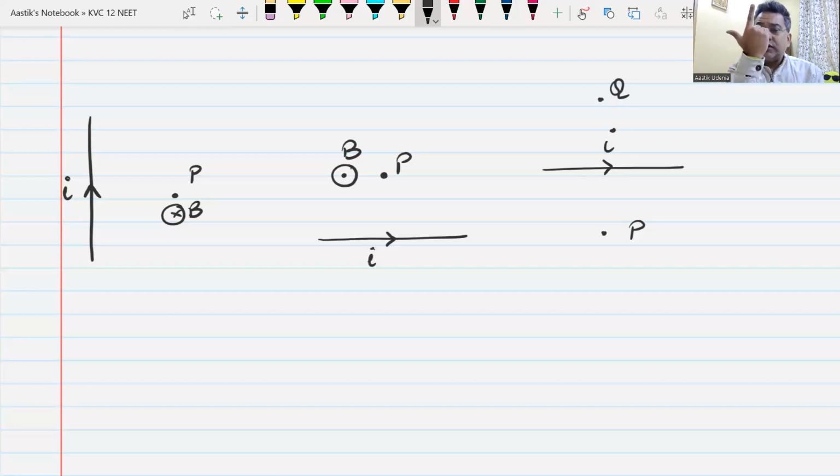At point Q, it is coming outward. Yes or no? Point P is on the other side. So without even turning your fingers, you can say that on the other side it will come inwards. Do you understand this?